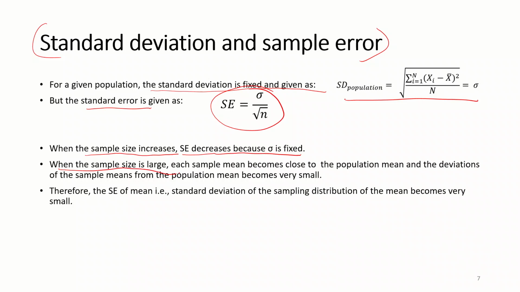When the sample is large, each sample mean becomes close to the population mean, and the deviations of the sample means from the population mean become very small. So the deviations are less because the standard error is less. That's what is repeated in the last sentence also. So essentially, a larger number of samples is always beneficial. That's the take-home statement.